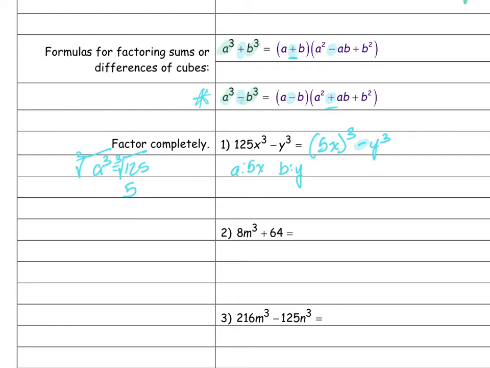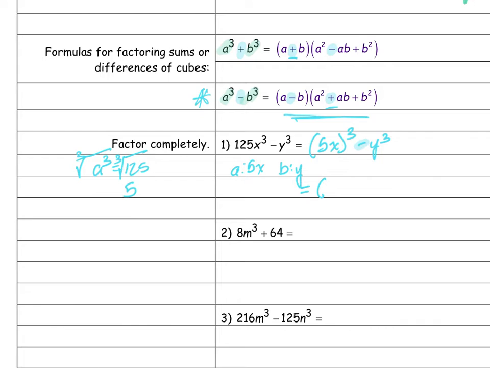And now I'm just going to substitute. I know which formula I'm going to use. I'm going to use the one with the minus. So I'm using this one right here. And I know I found out what A was. I found out what B was. And now all I'm going to do is just substitute into the formula that they've given me. So that means that this factors to, I'll put my equal sign here.